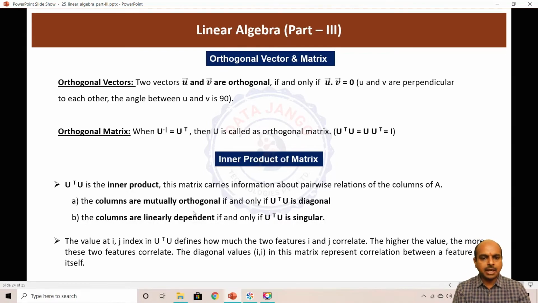So the columns are mutually orthogonal if and only if U transpose U gives you a diagonal matrix. Okay, and the columns are linearly dependent if U transpose U gives you a singular matrix.